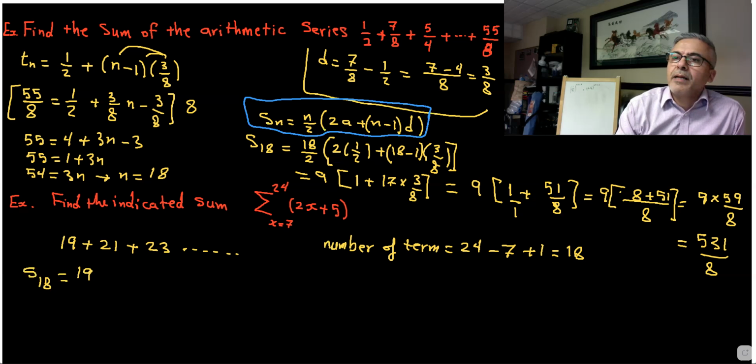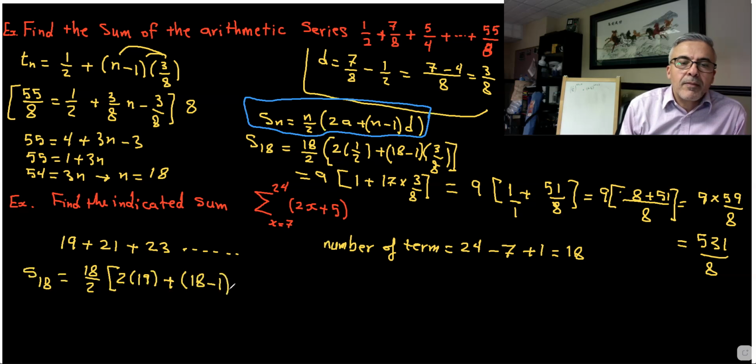Sorry, I'm just going to back up a little bit here. So S18 equals n over 2, which is 18 over 2, brackets 2 times a, and the first term a is 19, plus n minus 1, so 18 minus 1, times d, which is the common difference here. You're adding 2 every time to get to the next term, so that's times 2.